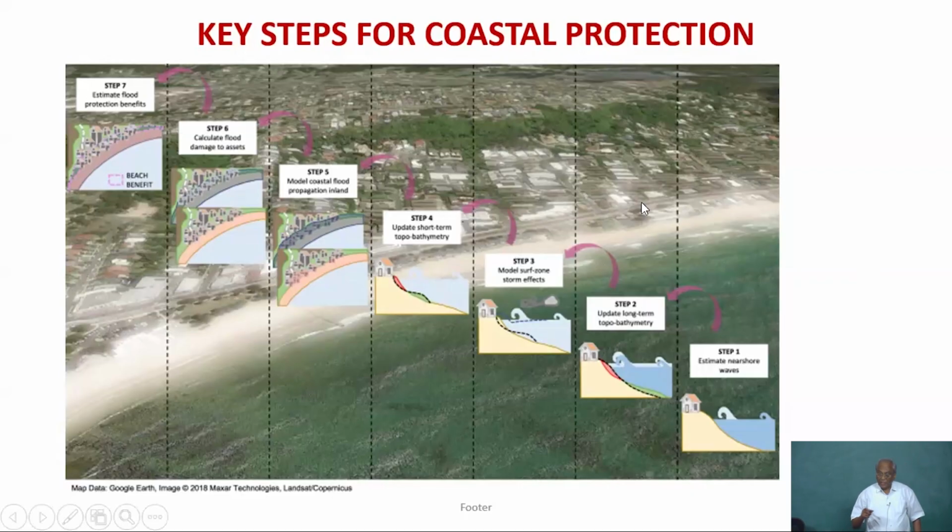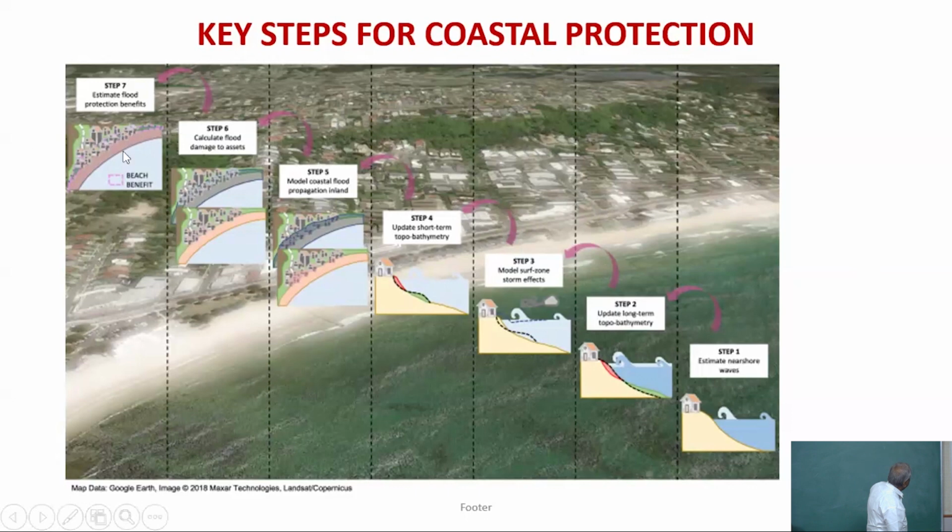Topography is particularly important when you are looking at flooding. Where the elevation is higher, you may not have problems, but topography is all the more important in the present context when you talk about climate change. With climate change, you are talking about sea level rise, and hence the topography becomes very important.